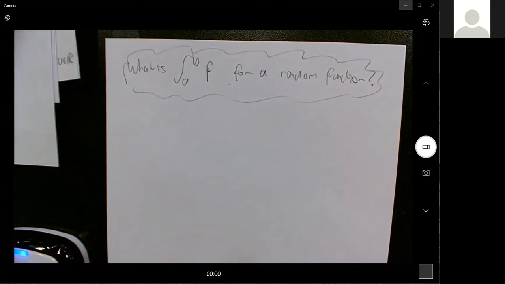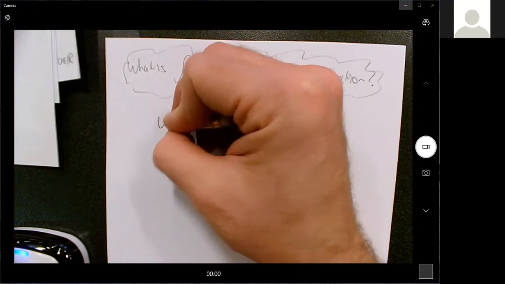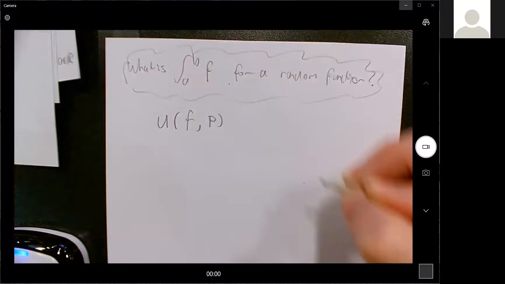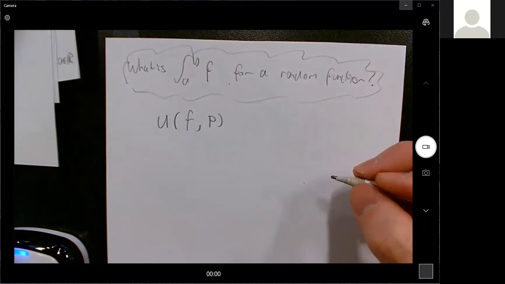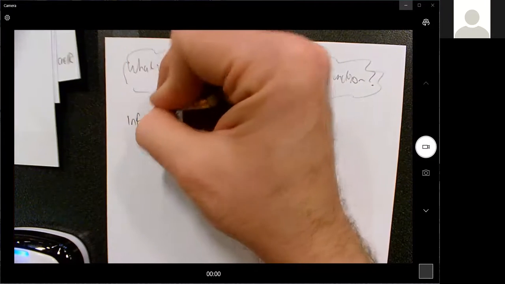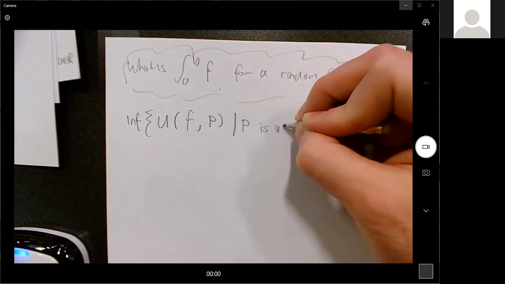Yep. So we'll get the upper sum of f on a partition P, and we'll do the infimum of all of those given that P is a partition.